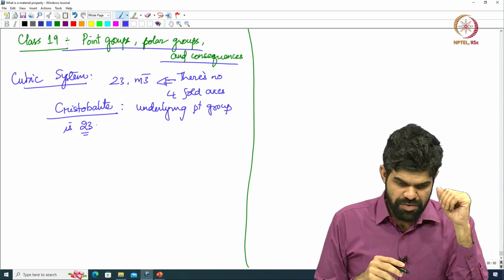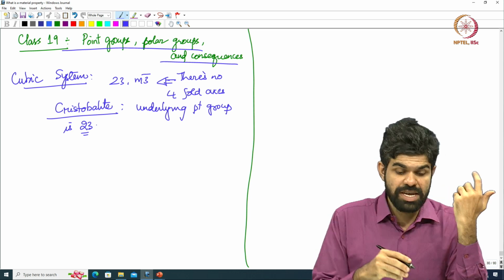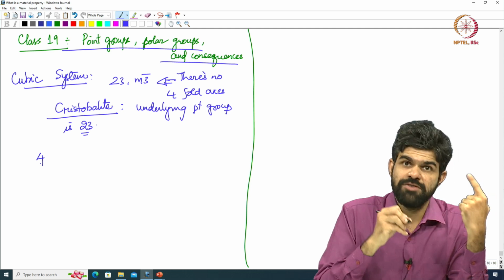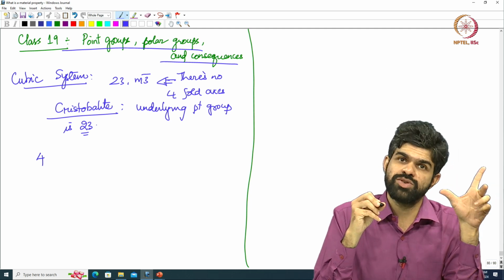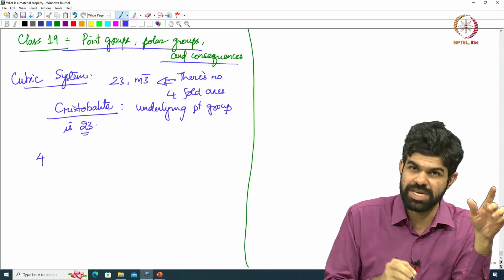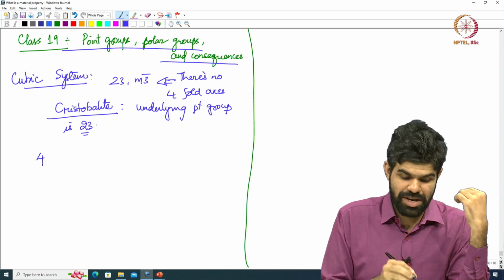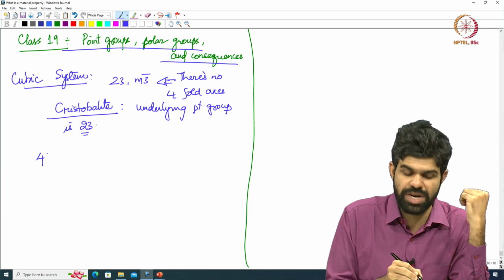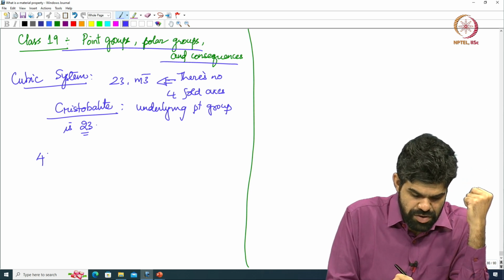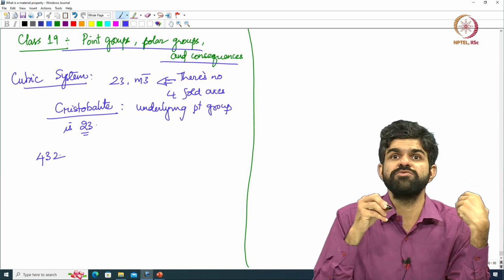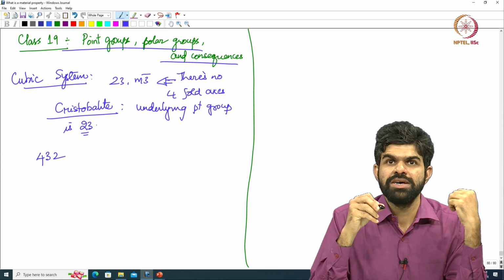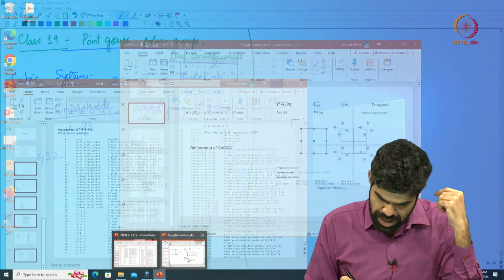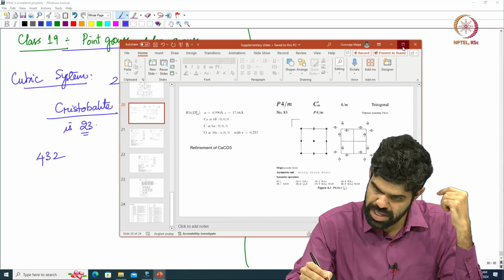Now, if there is a 4-fold axis of symmetry, it turns out that you should have 3 4-fold axes of symmetry by virtue of having 4 3-fold axes. And so the point group such as 4 3 2, we can look at the stereogram and understand what this is.